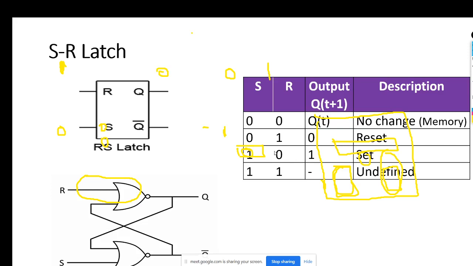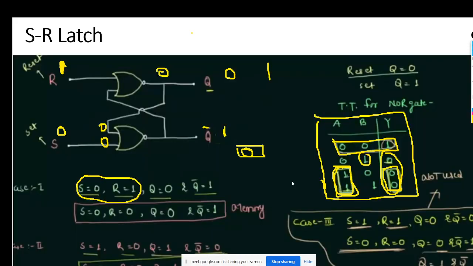According to the truth table, we have to make sure that both S and R are 0. Now let's see, when both S and R are 0, it is going to remember the things. Now all of a sudden we are going to make S0 R0. Now remember, Q is 0, Q bar is 1.